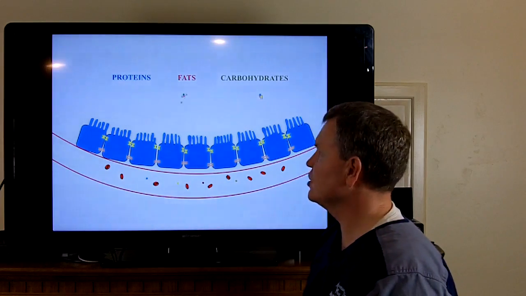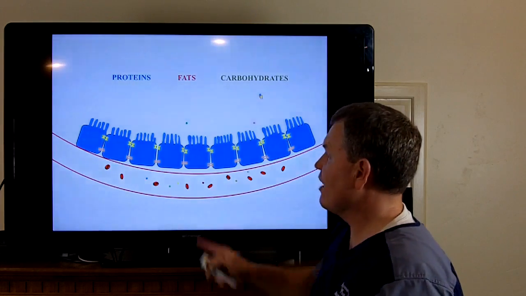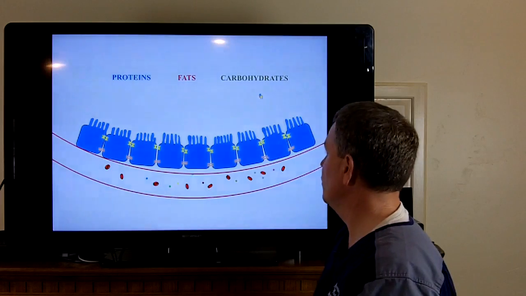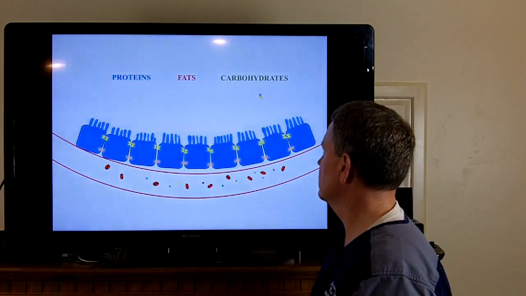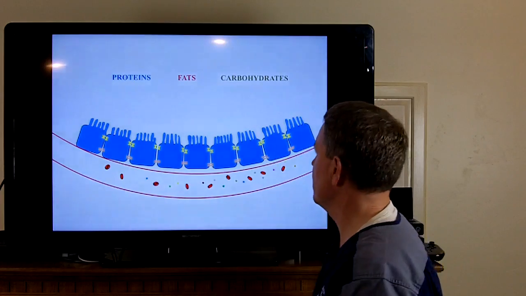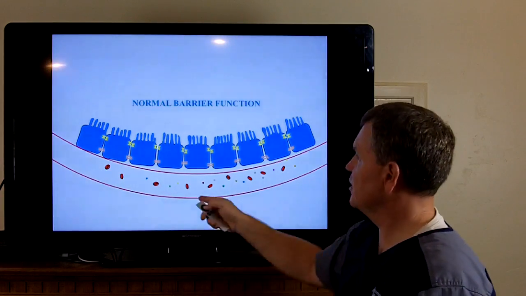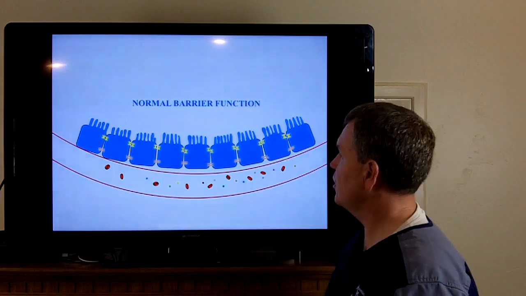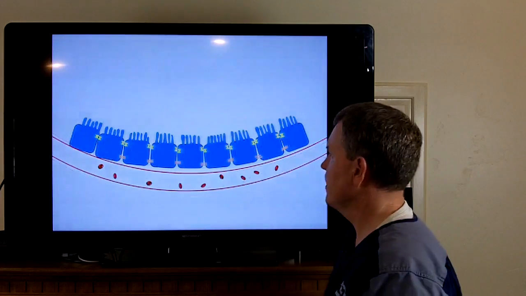Now, we have some other problems going on. Part of the reason that we have issues is because we have breakdown. So it gets into the bloodstream. That's our normal barrier function.